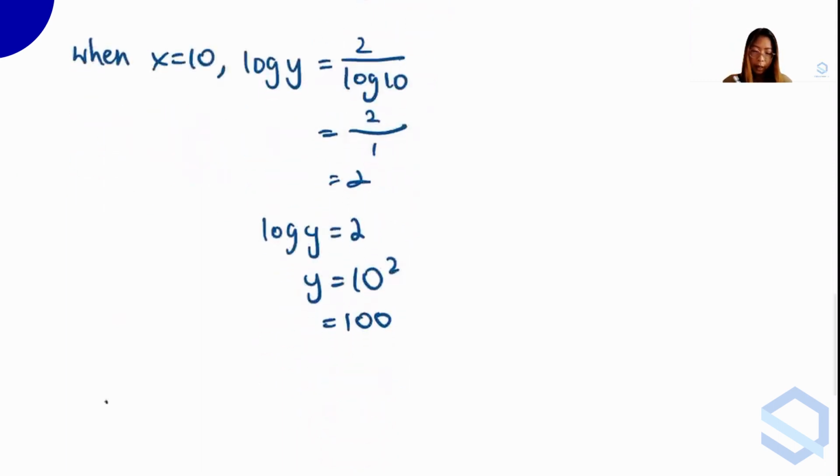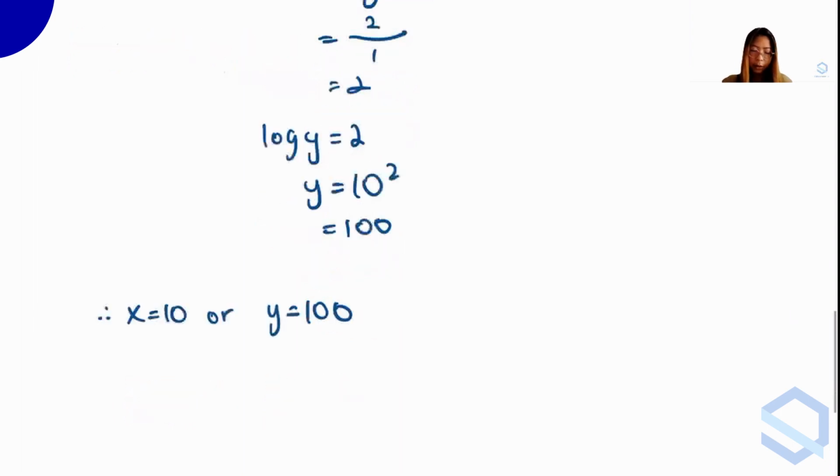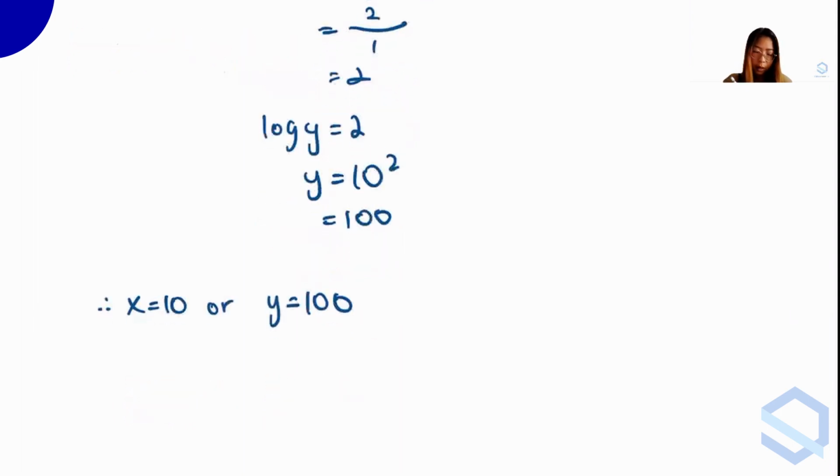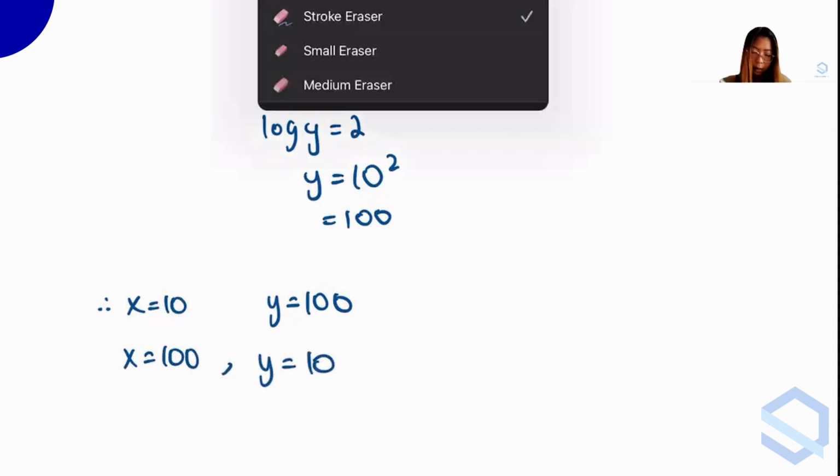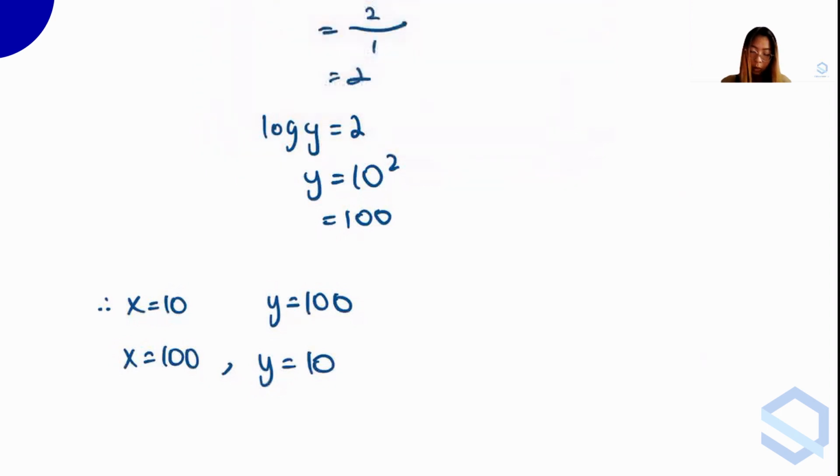The first pair is x to be 10 and y to be 100. And the next one would be x to be 100 and y would be 10. These are the two pairs of values that we get for our final answer.